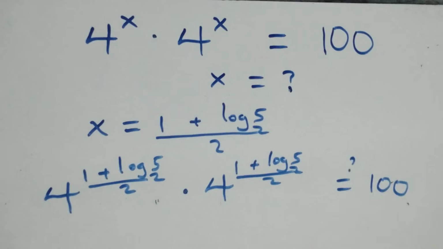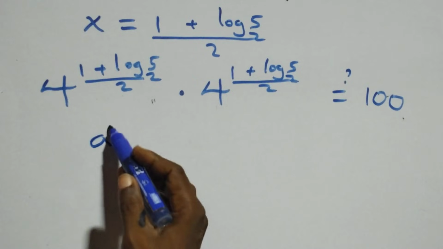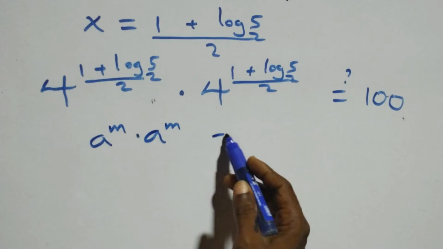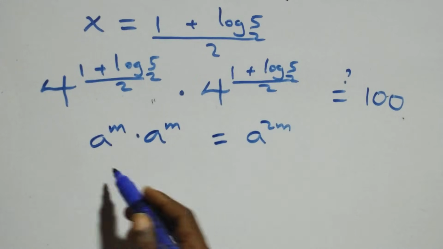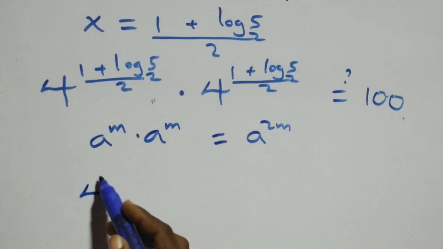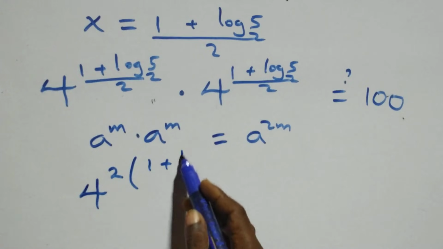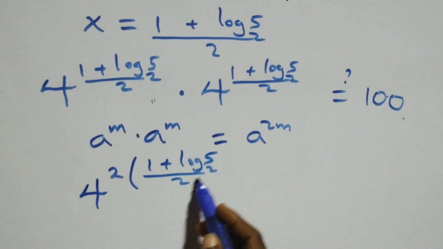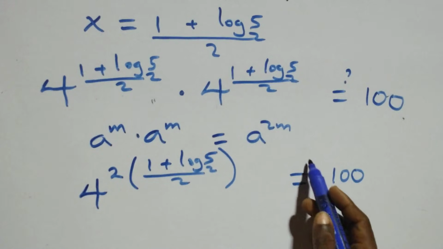Here we have the same base multiplying: when we have a raised to power n times a raised to the same power n, this is the same thing as a raised to power n plus n, which is 2n. Here we can write 4 raised to power 2 times 1 plus log 5 base 2 all over 2, equals 100 on this side.